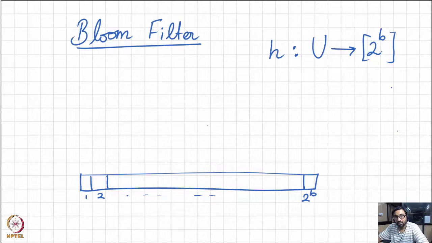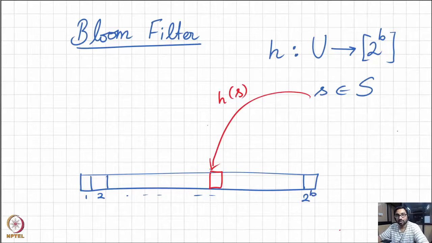As each element s, or each user ID s, enters the system, and you can potentially apply this to a streaming setting where each element arrives one by one, we hash the element, find the index to which it hashes, and set the value in that index position to a 1. I forgot to mention that this binary array is initialized such that all entries are 0 in the beginning.